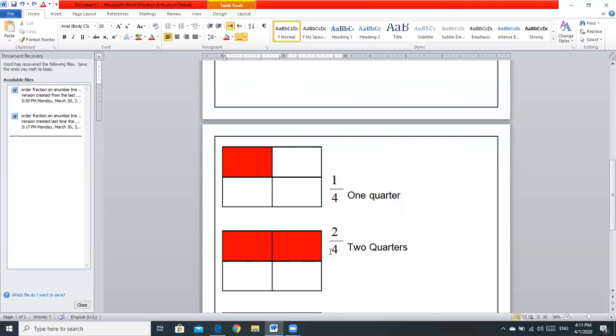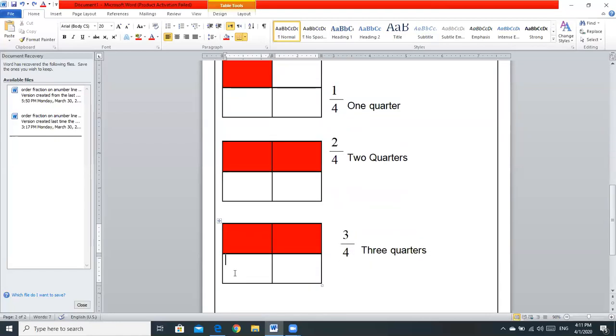This 2 is half of the 4. So I can write 2/4 or half. Both of them are correct.